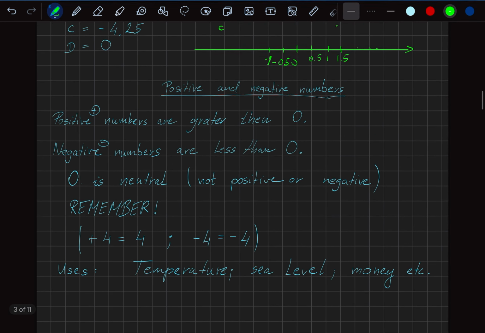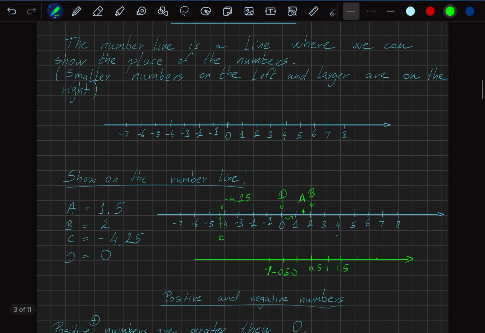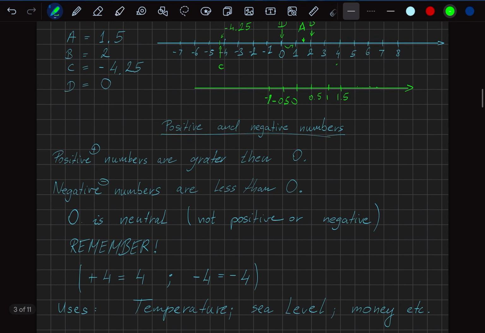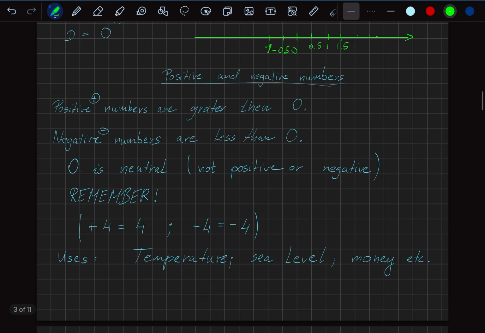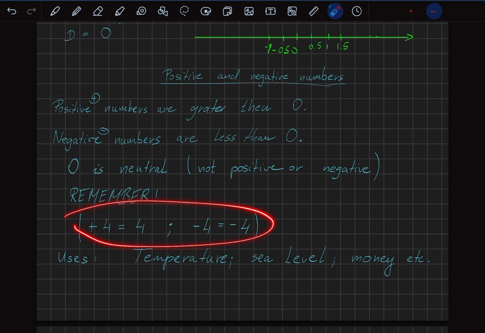Positive and negative numbers. A positive number, as I just said, is bigger than 0, and a negative is less than 0. 0 is neutral, not positive or negative. Also, a little extra information. Many times we can write plus 4 as just 4.